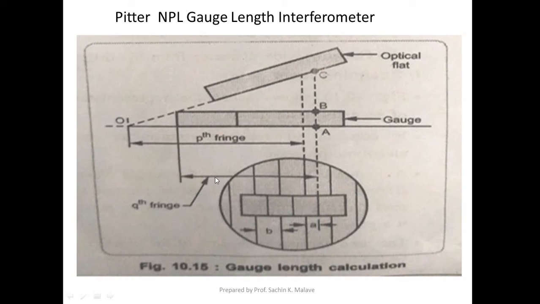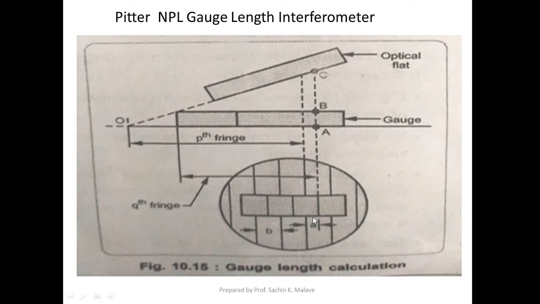So that is referred to as the qth fringe. This is the pth fringe, this is the qth fringe. So the qth fringe is displaced by distance a from the pth fringe. Okay, so this distance between the pth fringe and the qth fringe is nothing but a.